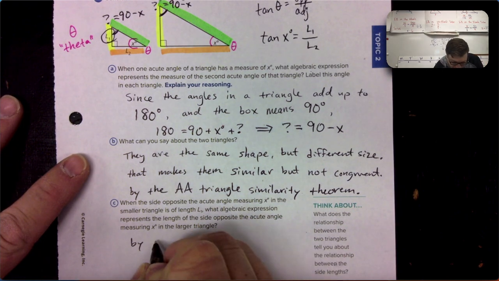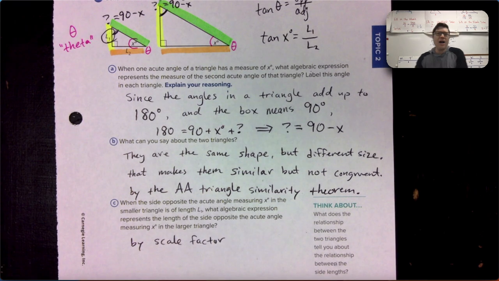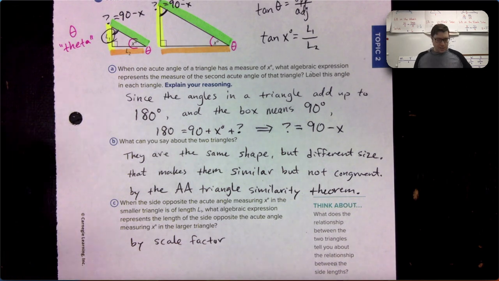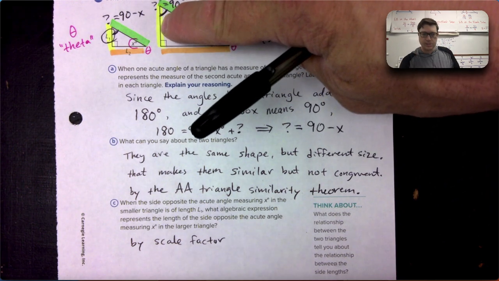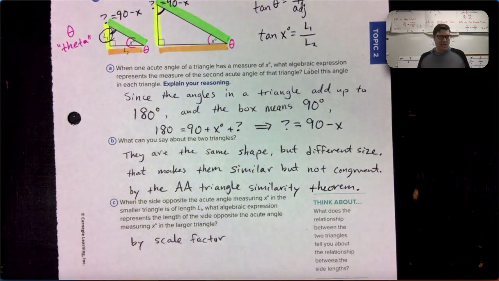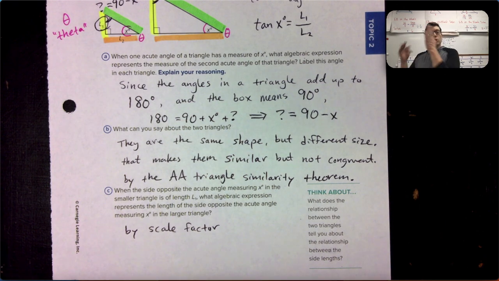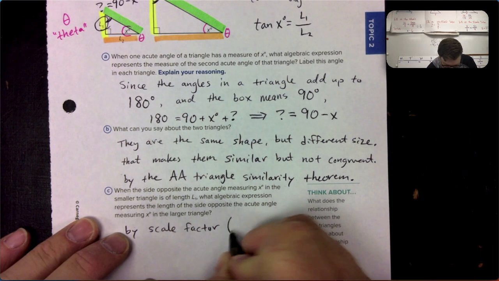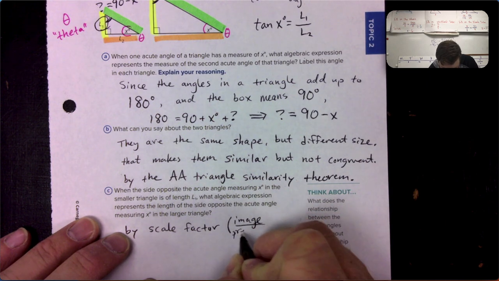So because of scale factor, we can write or find a multiplication number that will allow us to multiply this side to become the length of the other side triangle. So if I say our scale factor, and again, go back to topic 1 conversation, but you take the larger shape and divide it by the smaller shape, or you take the image and divide it by the pre-image, which I'm going to put right here, image over pre-image.